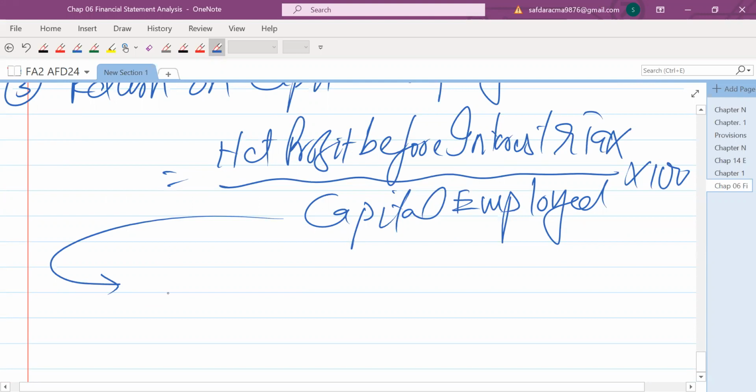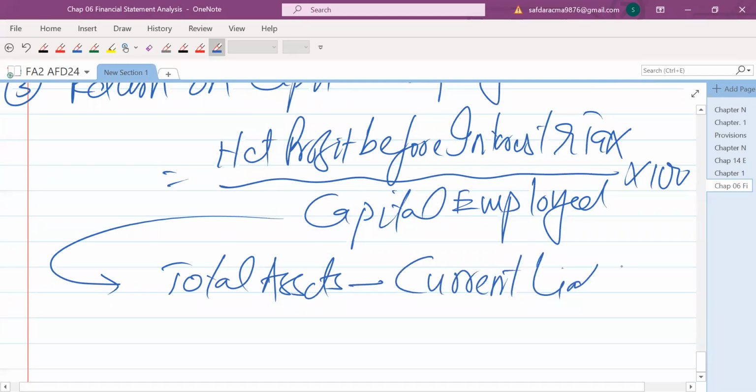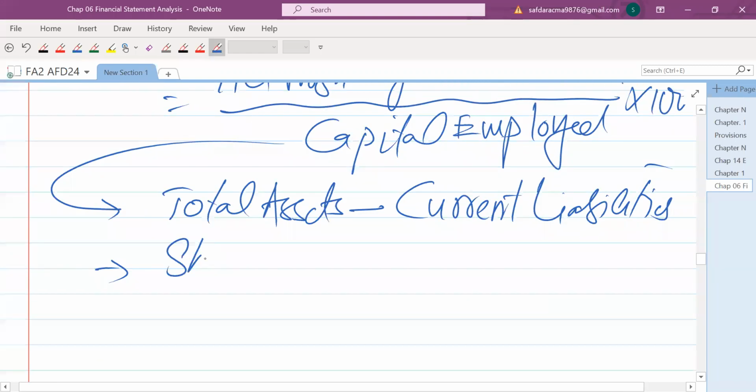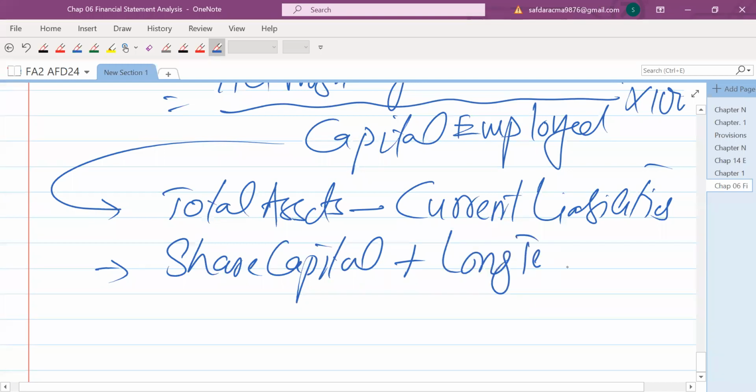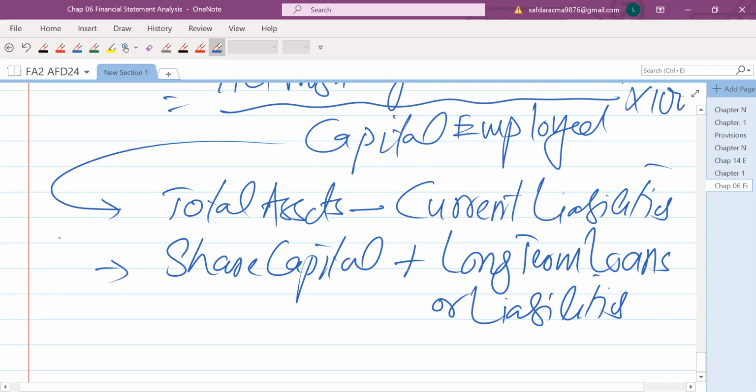So it is equal to total assets minus current liabilities, or share capital plus long-term loans or liabilities. So any one of these two can be used to calculate the capital employed. इन दोनों में से कोई भी हम यूज कर सकते हैं.